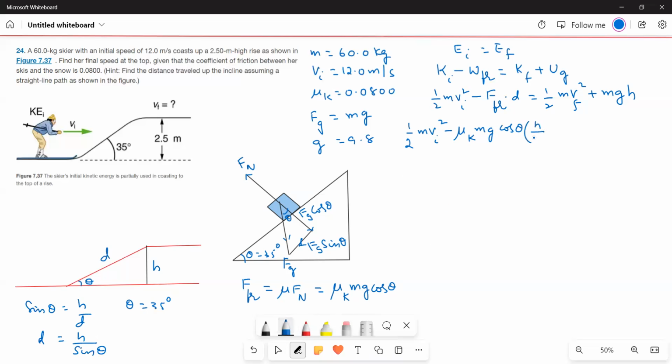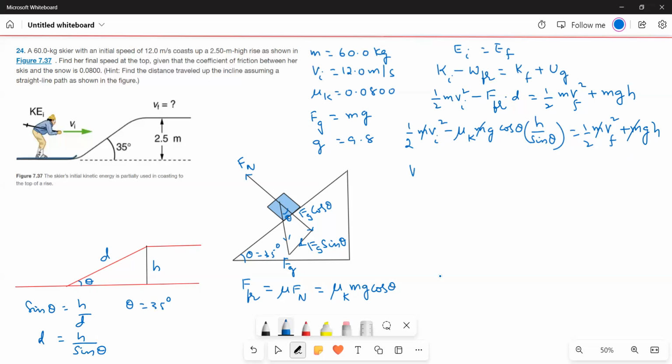This is equal to half m vf square plus mgh.